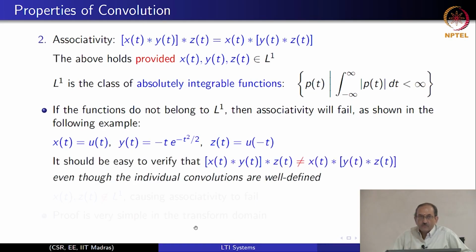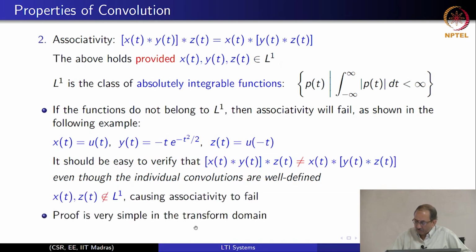So, you can verify that each of these individual convolutions is well defined, the answer will exist, but associativity will not hold because it violates the requirement for associativity to be valid. Again, assuming the transform of each of these functions exists, the proof is very simple in the transform domain because multiplication is associative.